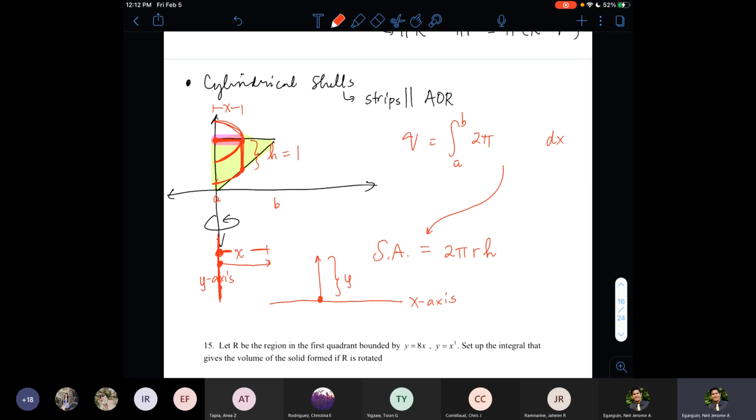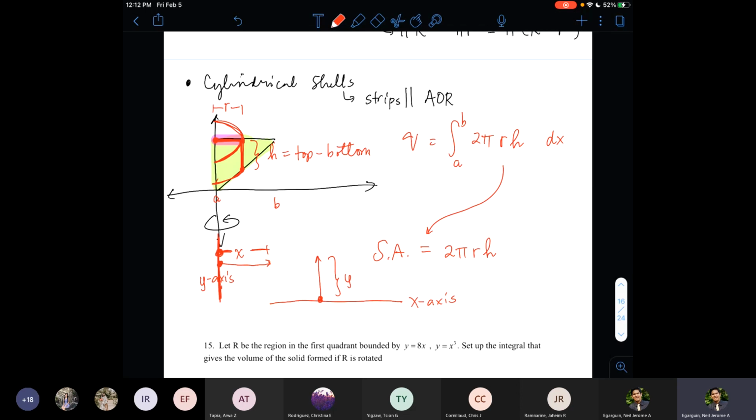This is the height, top minus bottom, and this is the radius. Then we'll play around with these conventions to exactly determine the radius and the height of our cylindrical shells. But I guess that's the gist of this method. We need to imagine how the cylindrical shells look and then compute their radii and their heights.